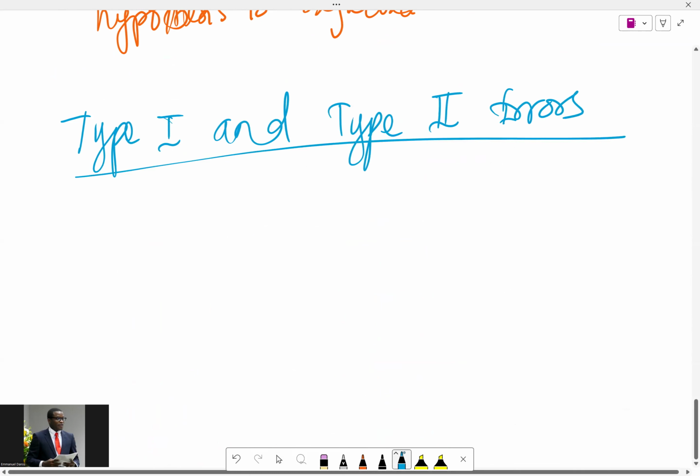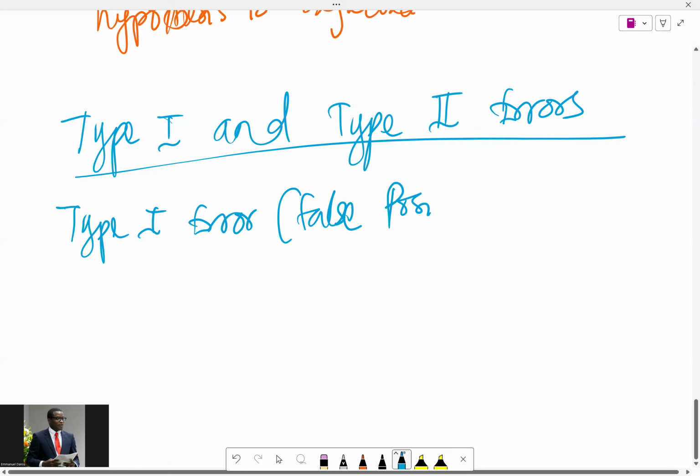First, let's go for type 1 error, which is also known as false positive.